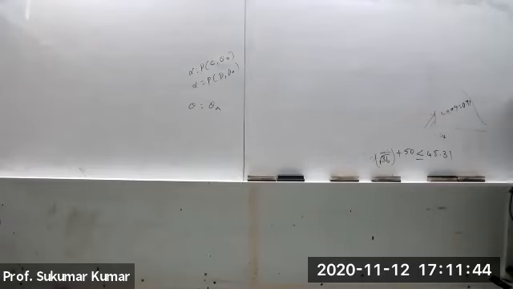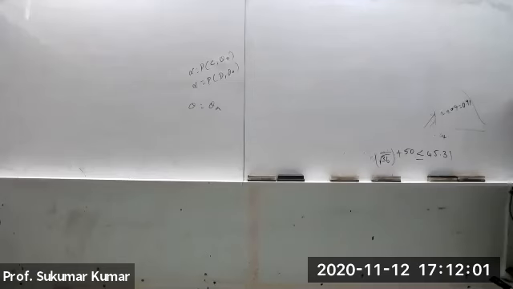Next, most powerful test. C is the best critical region of size alpha if the power of C is at least as great as the power of every other critical region D of size alpha.